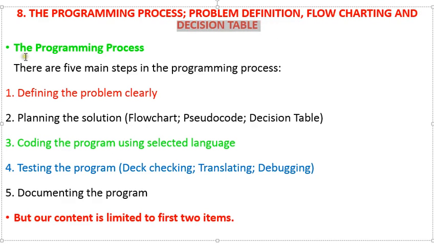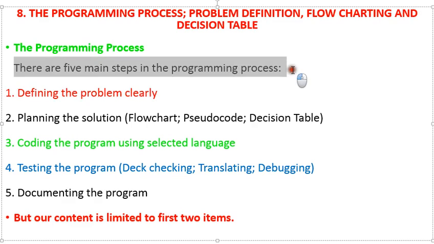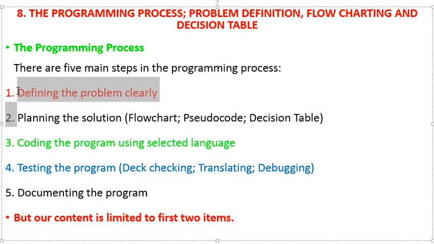Whenever you want to write a program, basically we have 5 major steps that must be taken in order to accomplish that task successfully. Item number 1 is defining your problem clearly. That is, you have to clearly define what problem you want that program to solve.